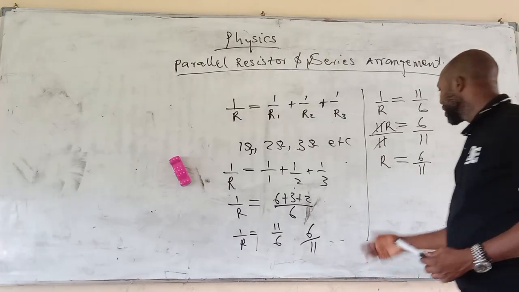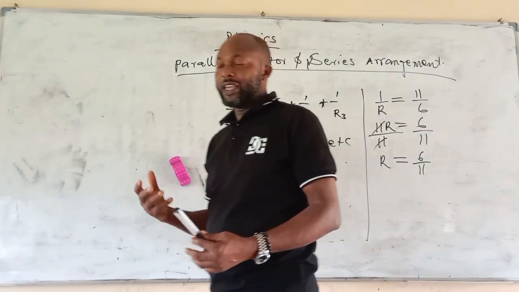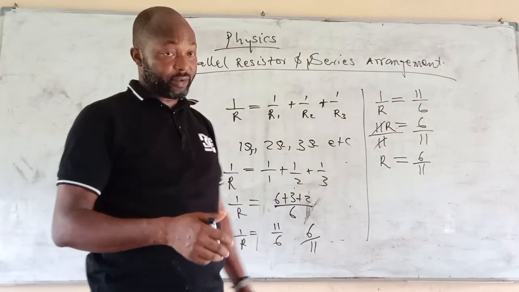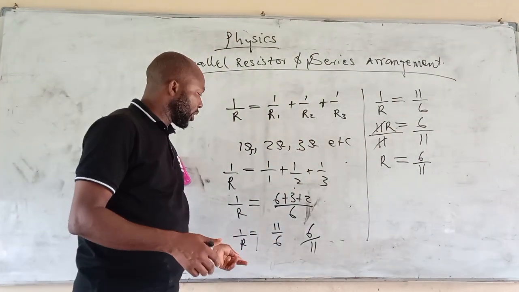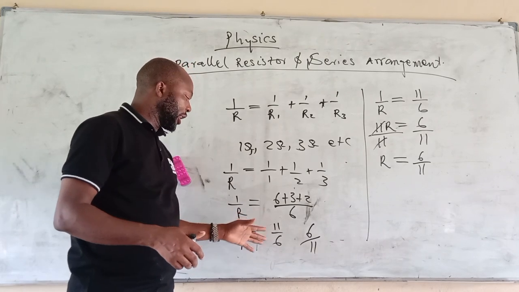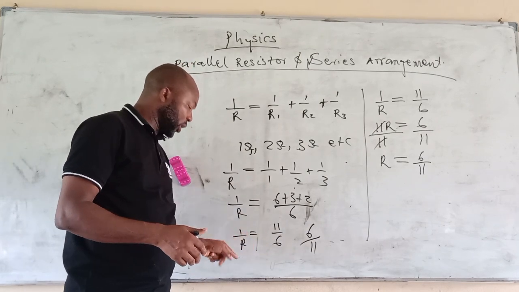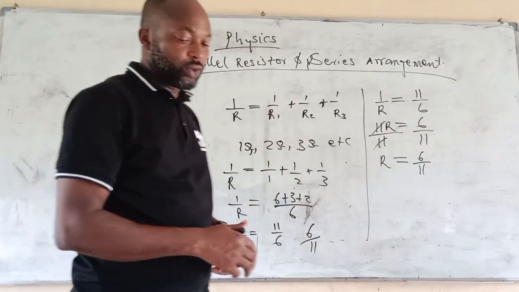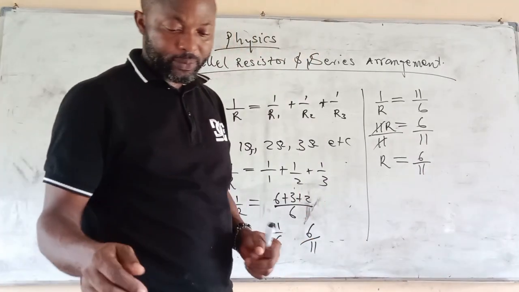So by so doing, I've been able to get my R in parallel, and the value is 6 over 11. Or you just say the inverse of this, which is 6 over 11, to stop the whole story there.